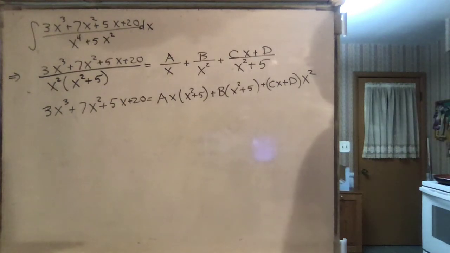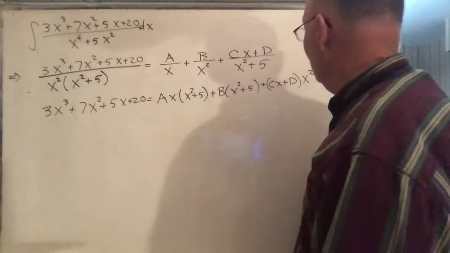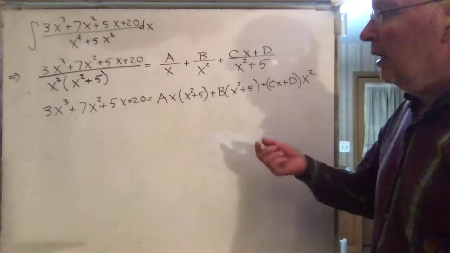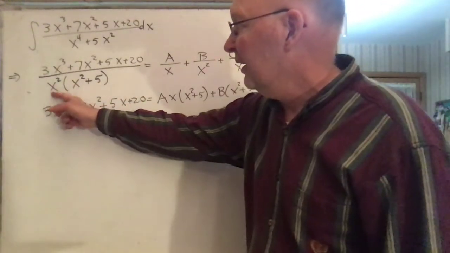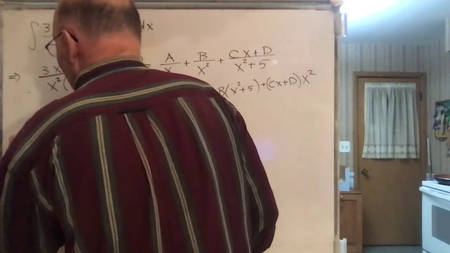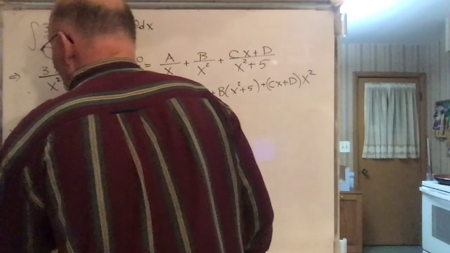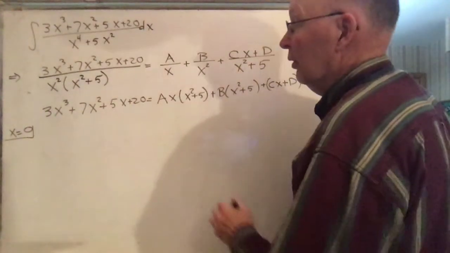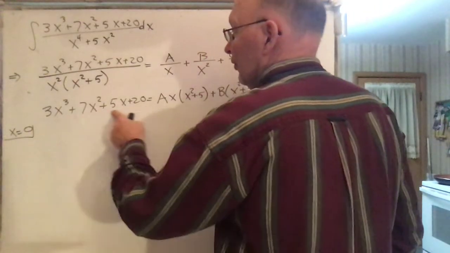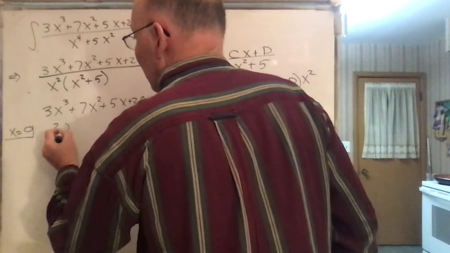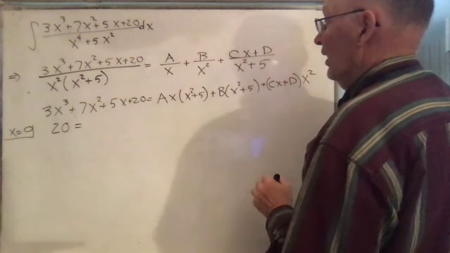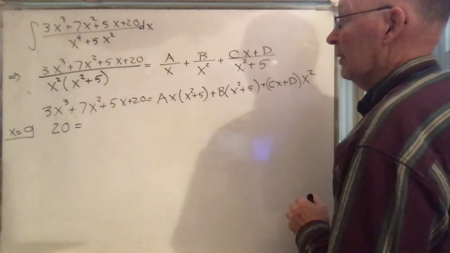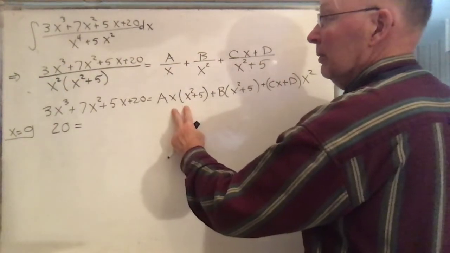So, how do you find a, b, c, and d? Well, let's do kind of what I said before. We can let x be equal to 0. And if x is equal to 0, on this side, I'm going to get 0, 0, 0, 20. And on this side, this is going to be 0.